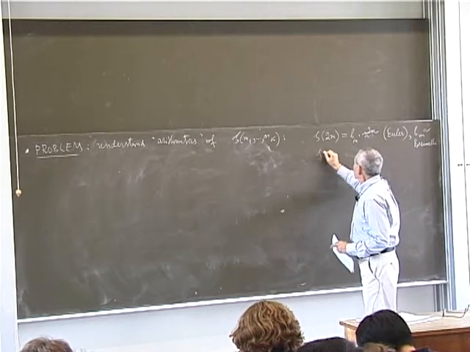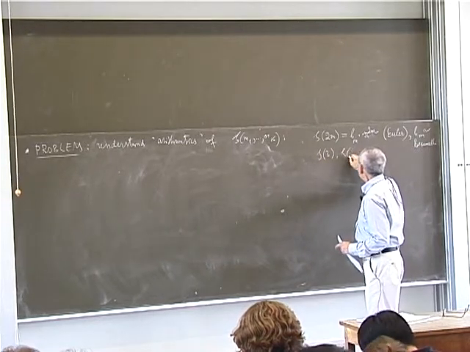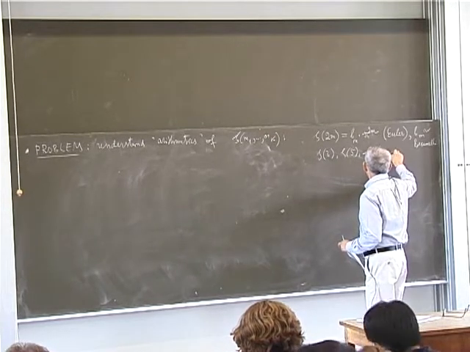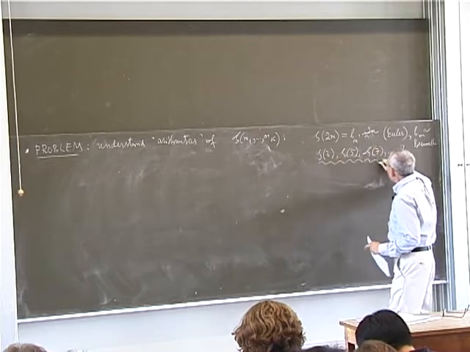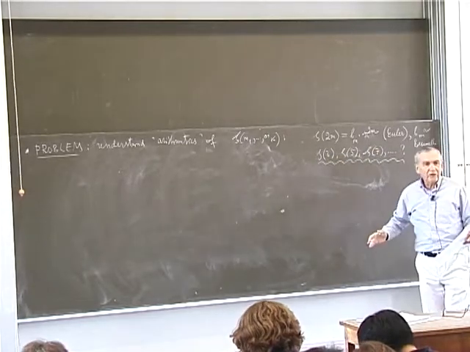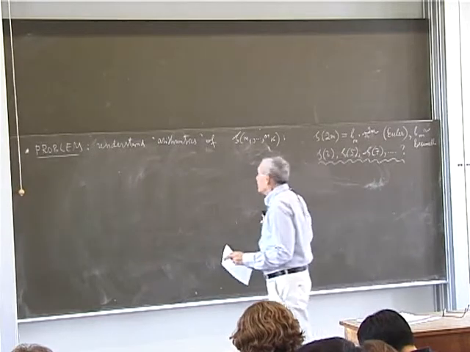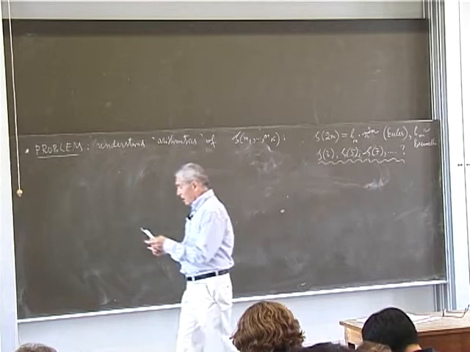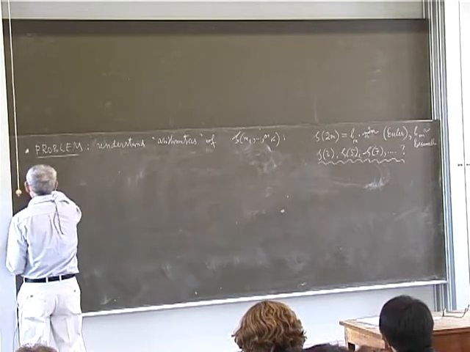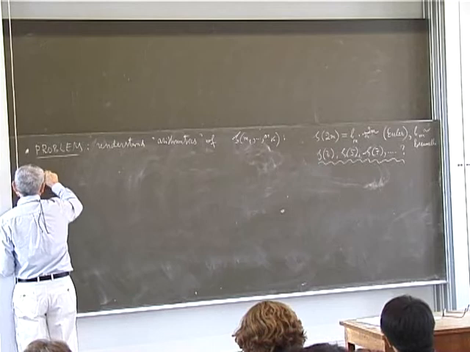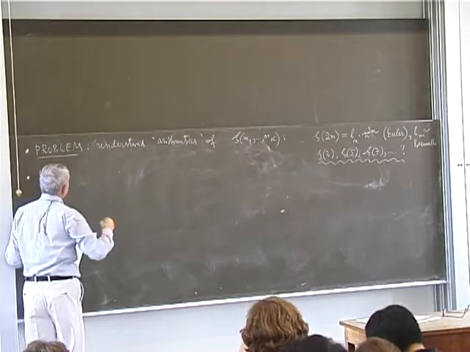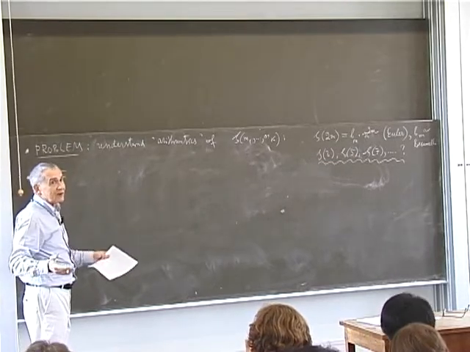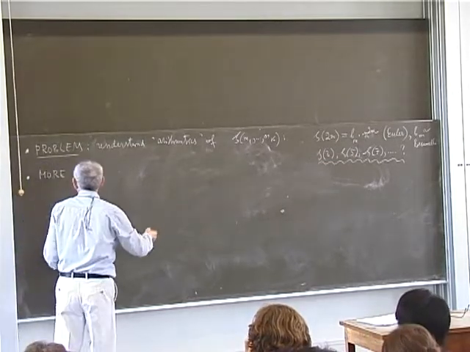But the odd ones are more or less still a complete mystery. Conjecturally, they are totally new transcendents, new in the sense that there are no relationships between them and anything else that we know.